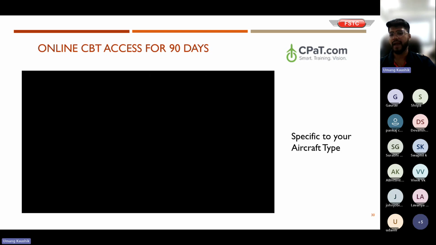And even if your course ends in 2 months, you will still have 1 month of CBT extra so that you can practice all over again. Even if you have doubt in any other session or ground class, you can just open that and learn from the video. So let me show you what actually CBT is.